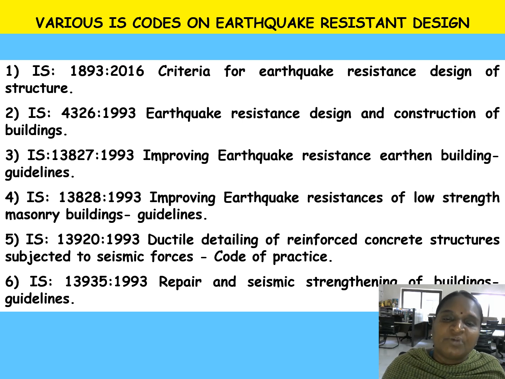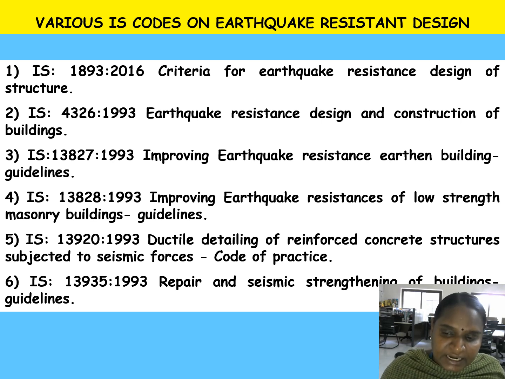So these are some of the various codes for earthquake resistant design. IS 1893 gives the criteria for earthquake resistant design of structures. IS 4326, IS 13827 and IS 13828 are for low strength masonry buildings. IS 13920 is used along with IS 456.